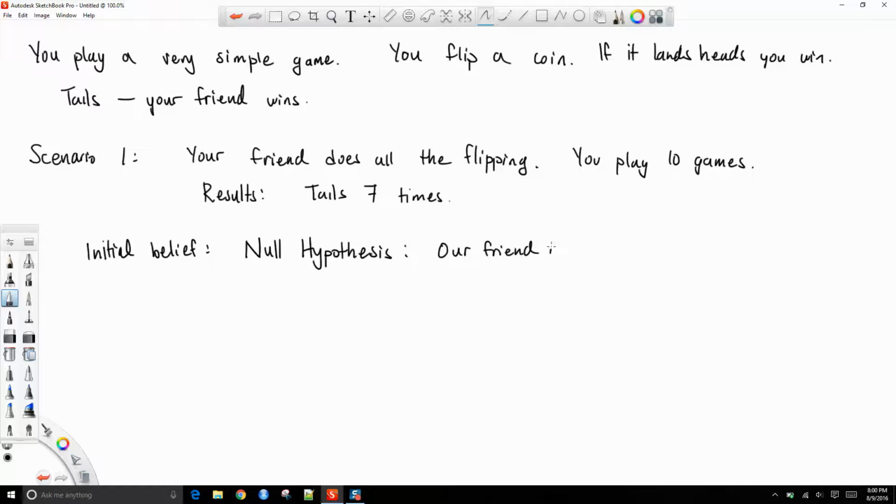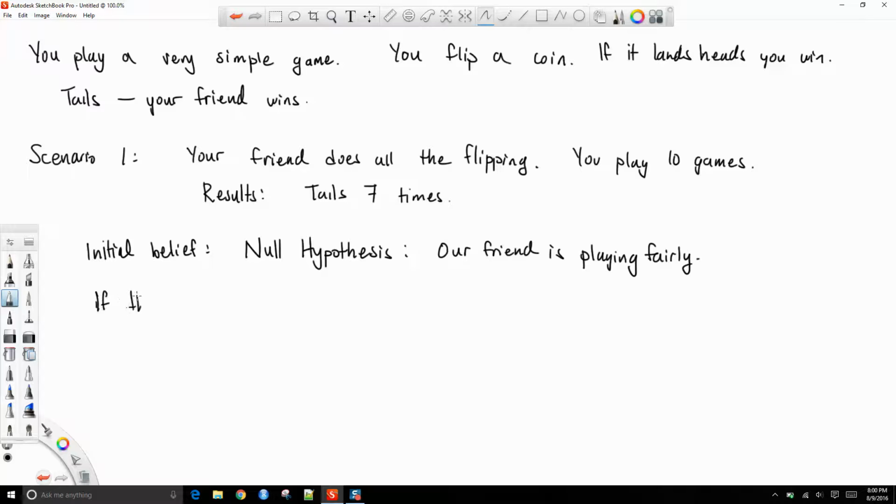Our friend is playing fairly. If this belief were true, what would we expect the game results to be? We would expect the friend to win 5 and we would win 5, right? That's what we would expect.